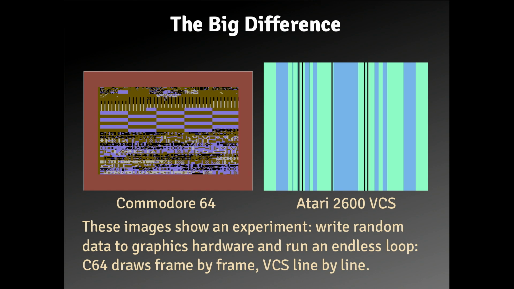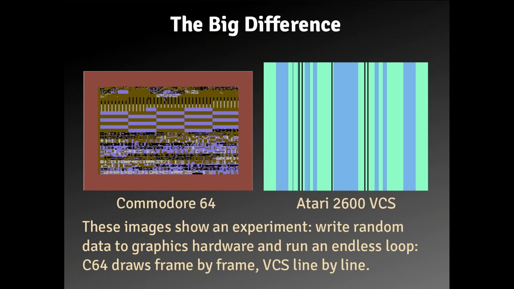So the main difference. This was just an experiment to show the basic difference between something like a C64 and the VCS. I just wrote random data into the graphics registers and then ran an endless loop. On the C64, you still have something like an image, something that's 2D. If you take a look at the 2600, it almost looks like a barcode, since it's just one-dimensional.